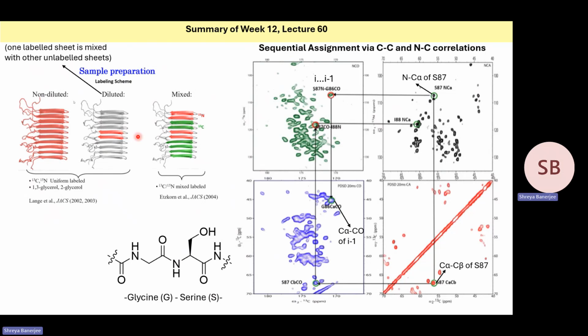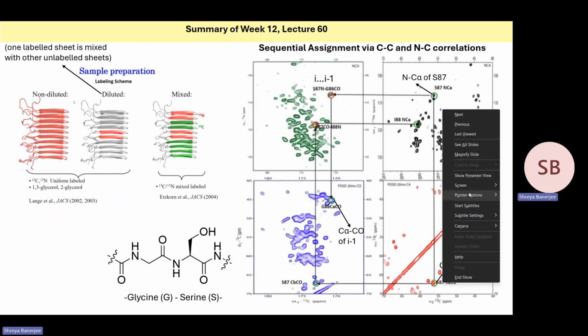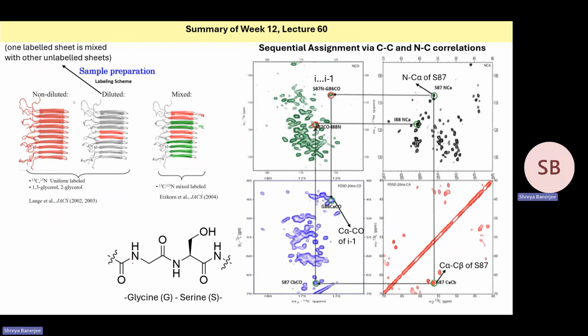We will now look at a way of sequentially assigning the amino acids using CC and NC correlations. We will just look at a short dipeptide, that is glycine-serine. If we start from here, which is a 13C spectrum, suppose we assign this peak to the C alpha C beta of serine. So this correlation is between C alpha and C beta of serine.